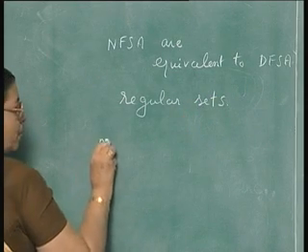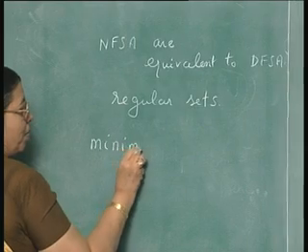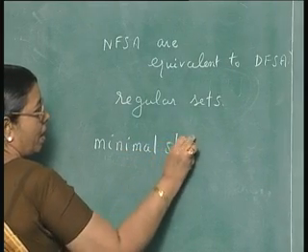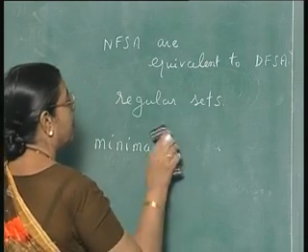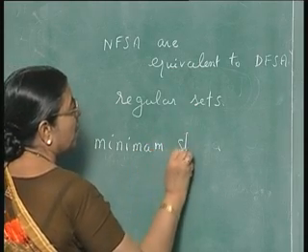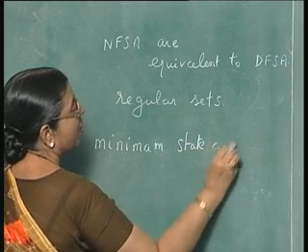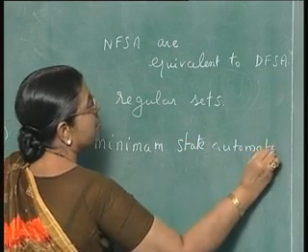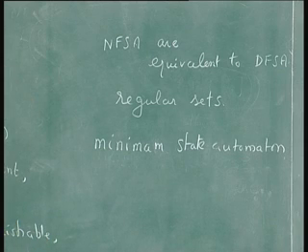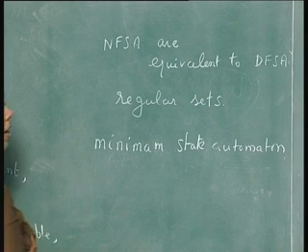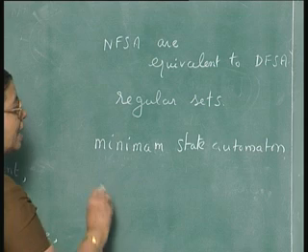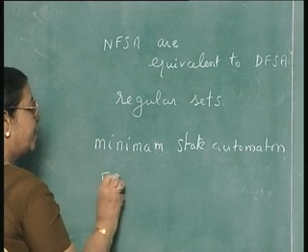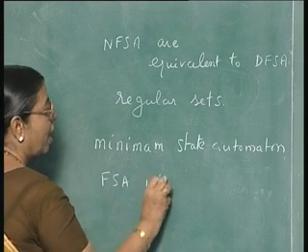And we have also seen how to construct the minimum state automaton. This also we have seen, and we have also seen what are equivalent states, what is a distinguishing sequence, and things like that. In the last lecture, we considered FSA with output.